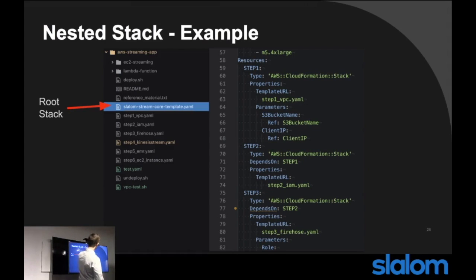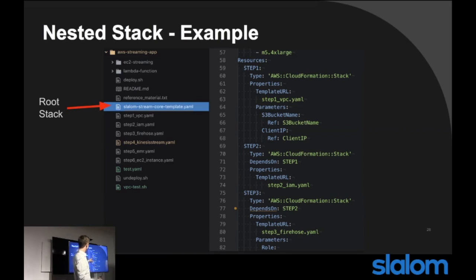When we're looking at that deployment, the big thing is that now we have our root stack, and it's telling it, I want you to deploy this other stack. And where is this other stack? This point right here is why I wanted to give this talk, because this took me weeks to figure out, because nowhere in the AWS documentation does it talk about what we call relative pathing for deployment.